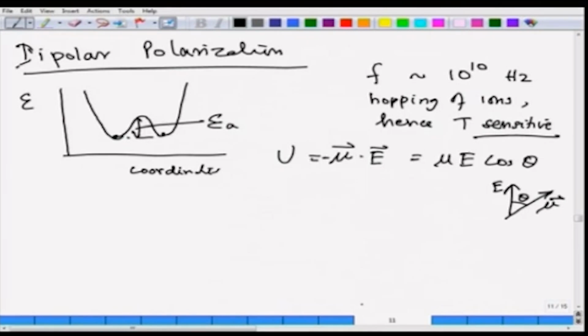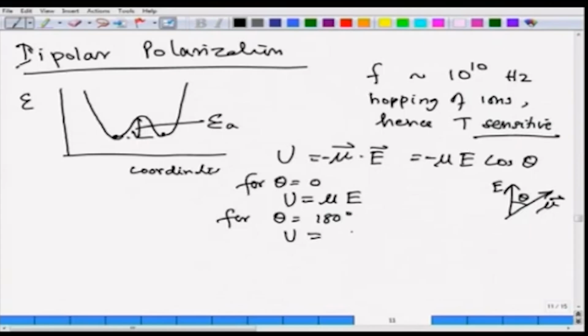So for theta equal to 0, we get u equal to minus mu E, whereas for theta equal to 180 degrees, we get u equal to plus mu E, missing a minus sign before. Then between these two positions, delta u is equal to 2 mu E.